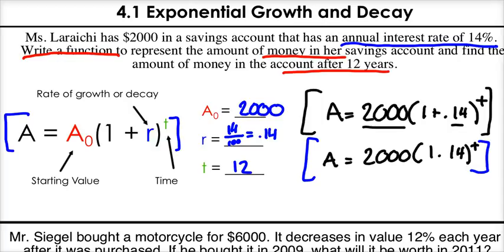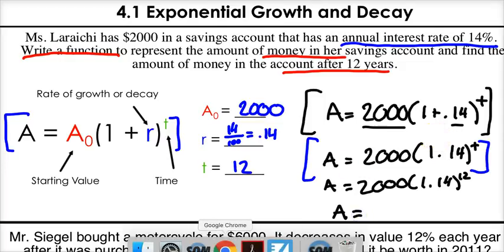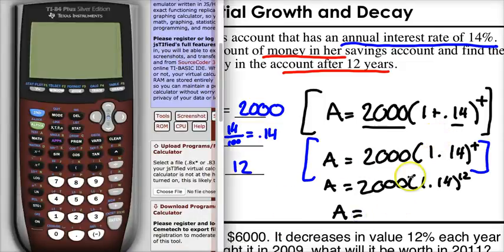Now let's actually figure out how much she's going to have after 12 years. So we're going to plug in 12 for time. So A equals 2,000 times 1.14 to the 12th. And now to figure out how much money she has after 12 years, we're going to go to your graphing calculator, and you're just going to plug this in.